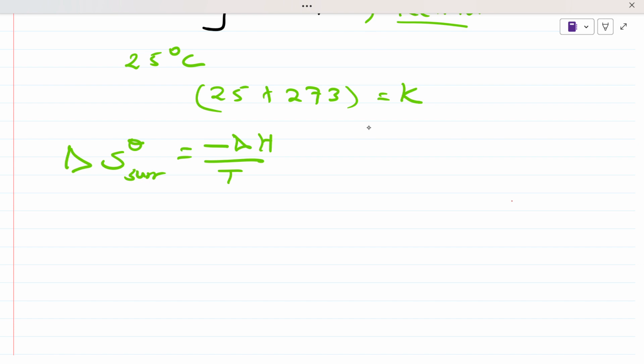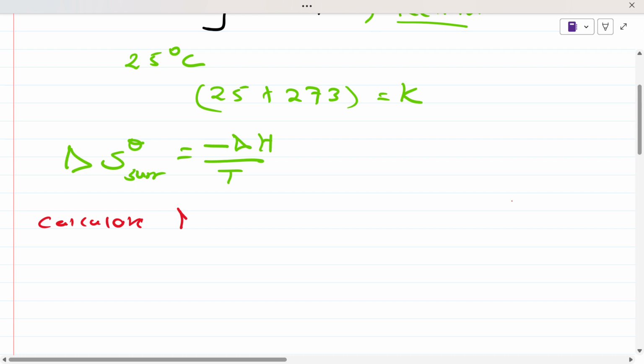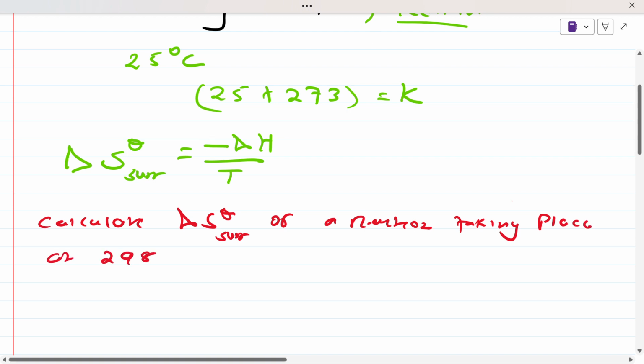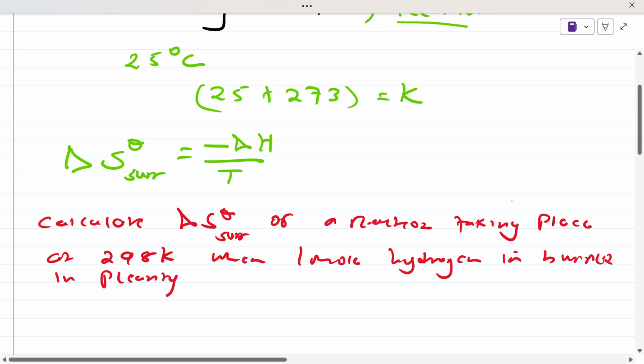So the question is: calculate the entropy change of the surrounding of a reaction taking place at 298 Kelvin when 1 mole of hydrogen is burned in plenty of oxygen. You can be given a question like this.